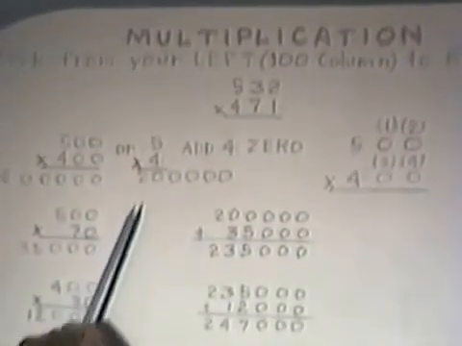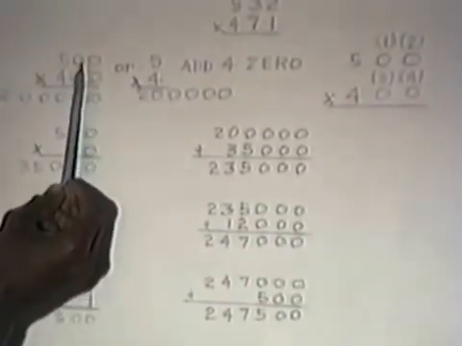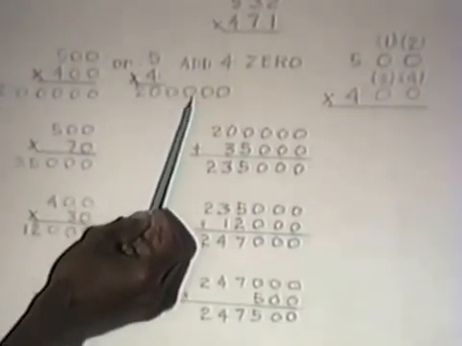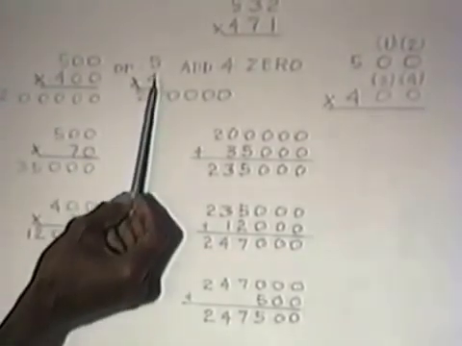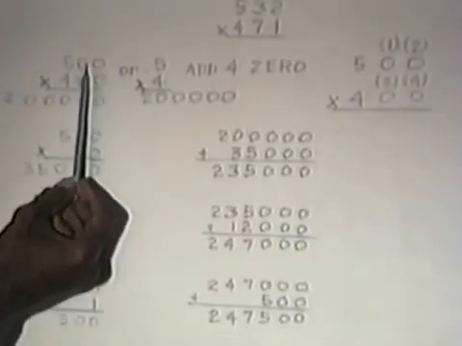An easy way to do that is multiply 4 times 5, which gives you 20, and then add 1, 2, 3, 4 zeros.